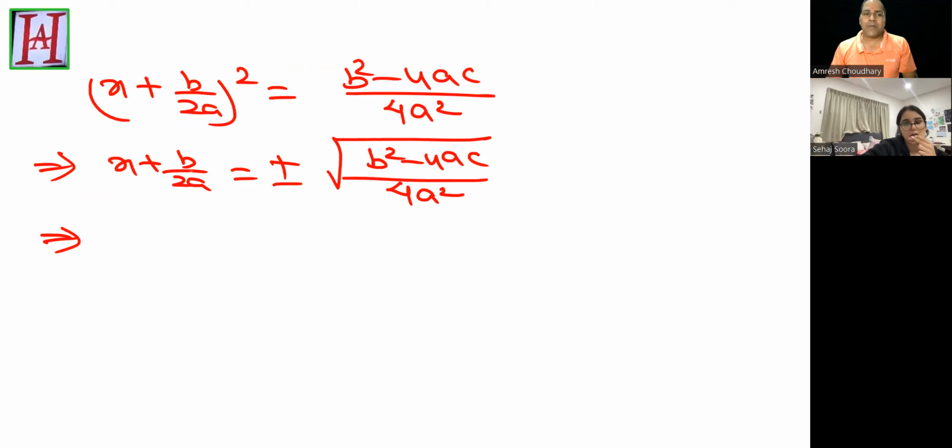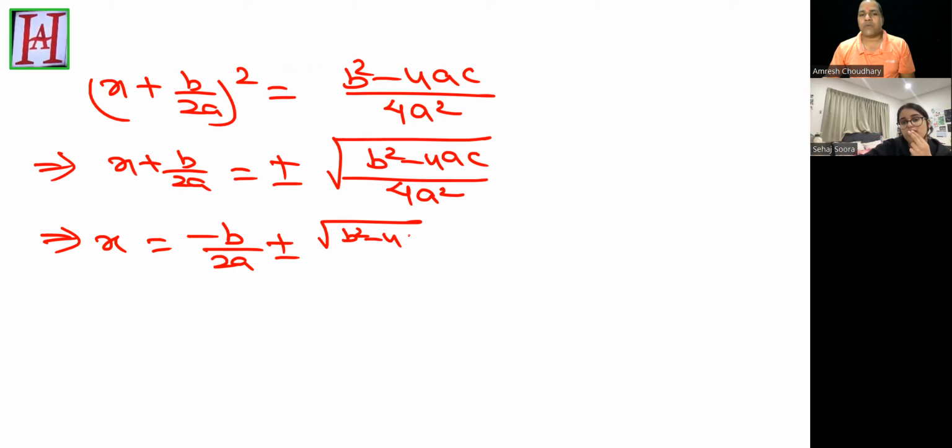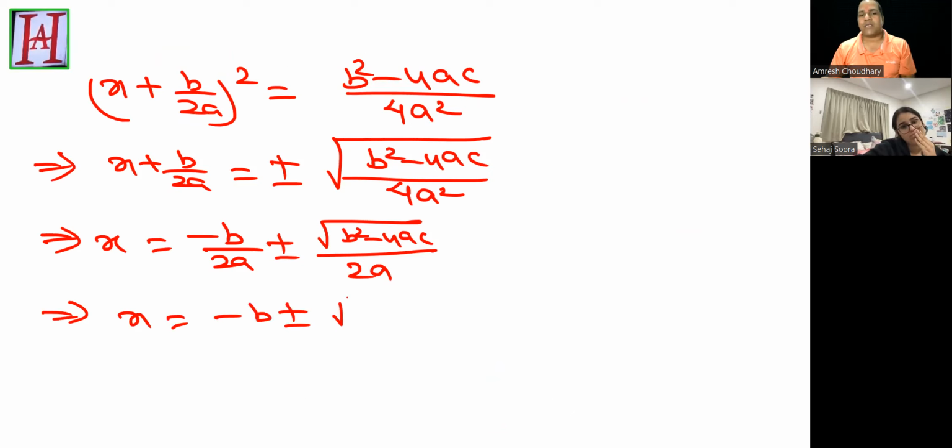Shifting b upon 2a to the other side, x is equal to minus b upon 2a plus minus under root b square minus 4ac upon root under 4a square, which means 2a. So I can say x is equal to minus b plus minus under root b square minus 4ac over 2a.